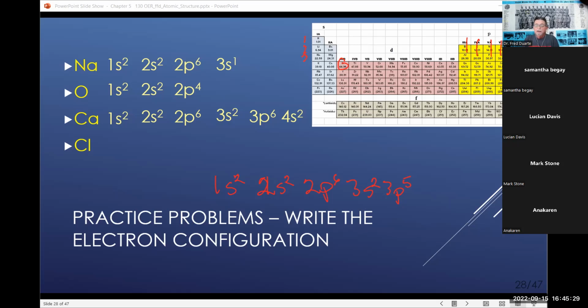If you look at the group number that chlorine is in, it is in group 7A, which tells you that there are 7 valence electrons for chlorine, and they're in the 3rd energy level.